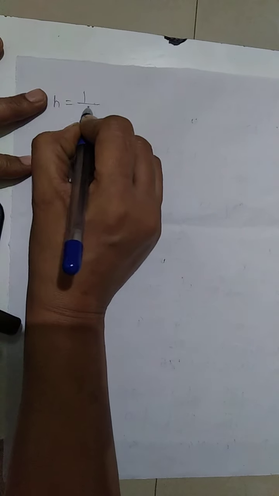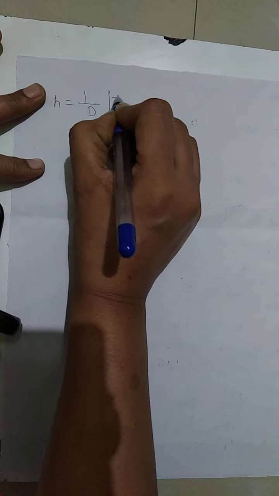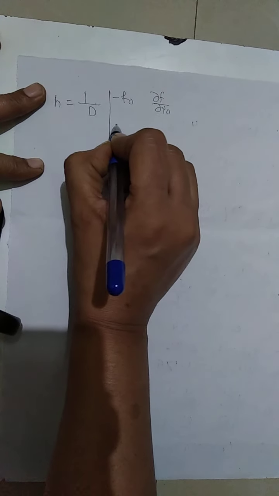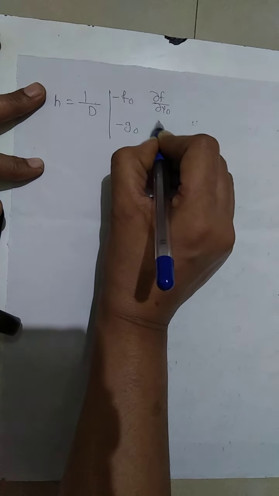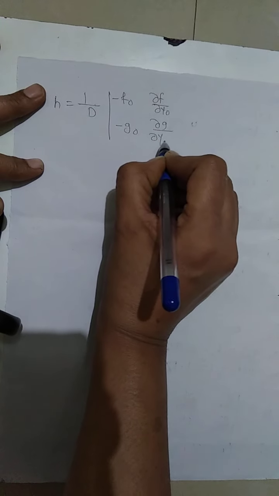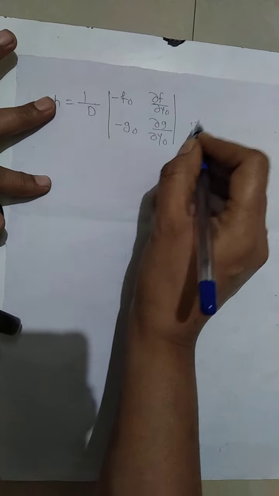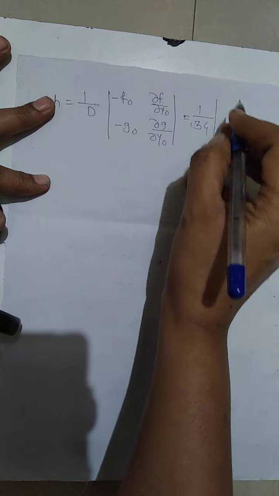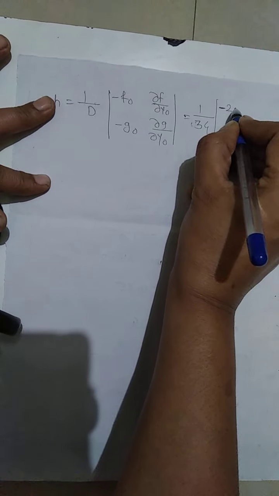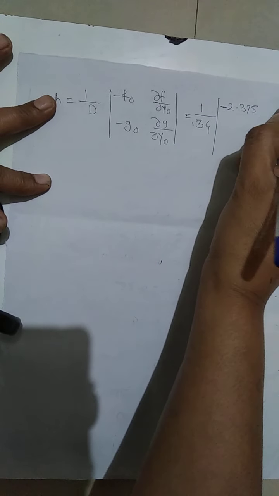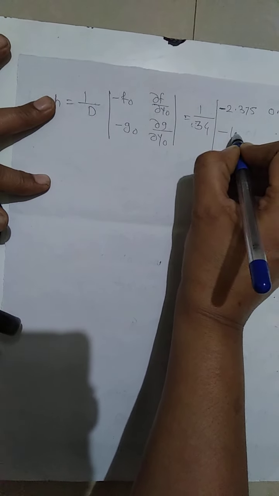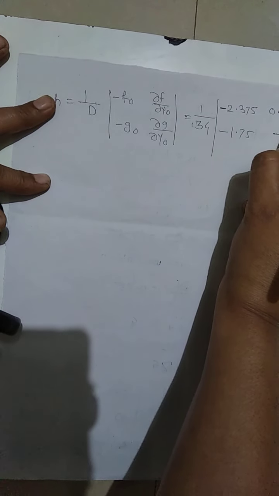Then h is equal to 1 upon d into mod of minus f0 del f upon del y0 minus g0 del g upon del y0, and that is equal to 1 upon d, where the value of d is 34, and minus f0 is equal to minus 2.375, 0.75, minus 1.75, minus 4.